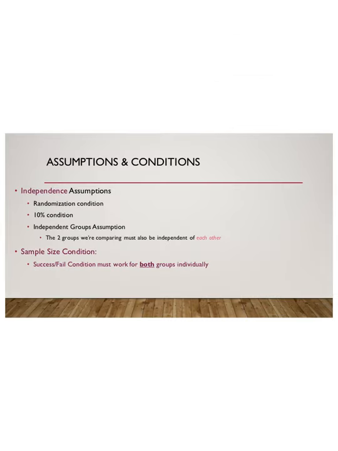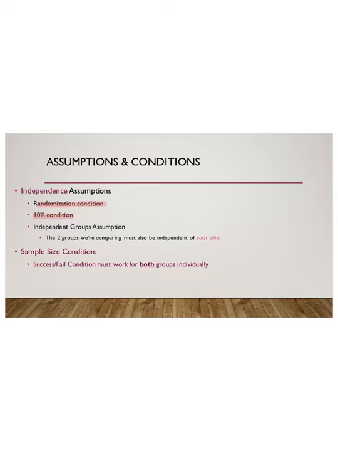Our assumptions and conditions are essentially the same as they were for confidence intervals and for the one proportion z-test. So we're still going to use a randomization condition. Our samples must be random. Remember, if we are selecting our sample without replacement, our sample must be no more than 10% of the population.